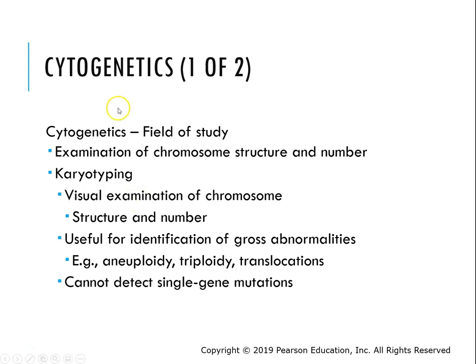There is a field of study called cytogenetics, where we're essentially studying the genetics inside the cell. This cytogenetics field develops these types of genetic testing tools, and also performs them on patients and analyzes them.